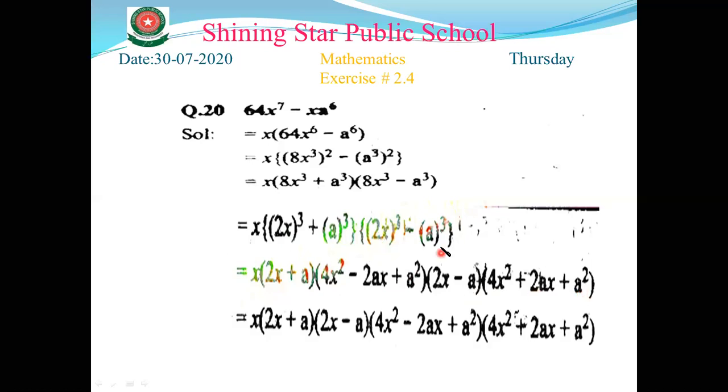Here a is 2x and b is a. Very simple. In our next step, we arrange them. Here is 2x plus a and here is 2x minus a. So we write 2x plus a and 2x minus a, and then we write 4x square minus 2ax plus a square, and here is 4x square plus 2ax plus a square.